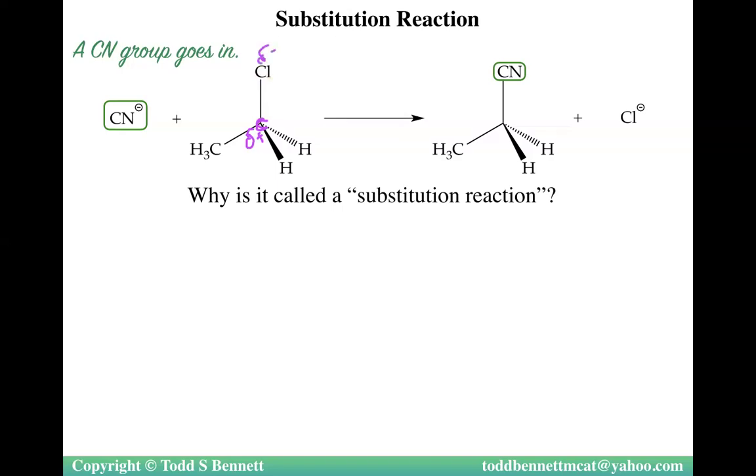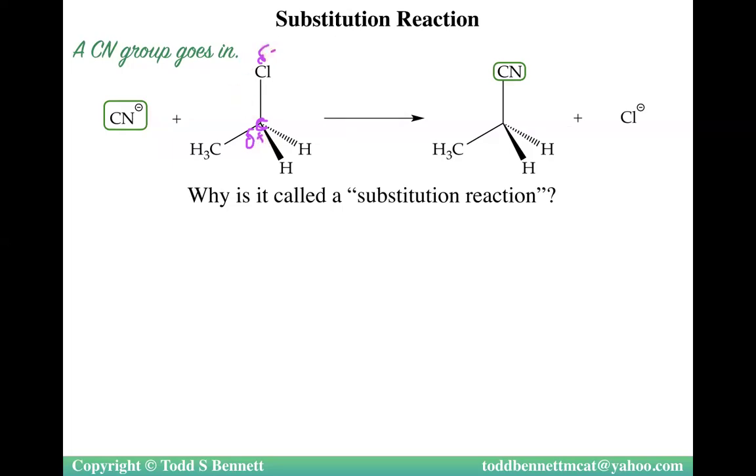And so minus is attracted to plus. Typically, we draw the negative coming towards the positive. In reality, the molecules are both tumbling around, and it could be the two come together whichever way it happens. But we bookkeep by having the negative come into the positive, and then this pushing electrons out that way.